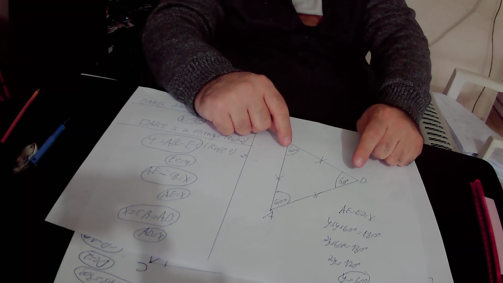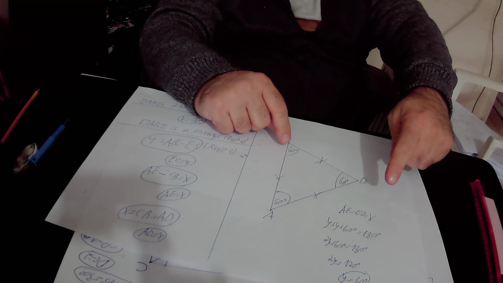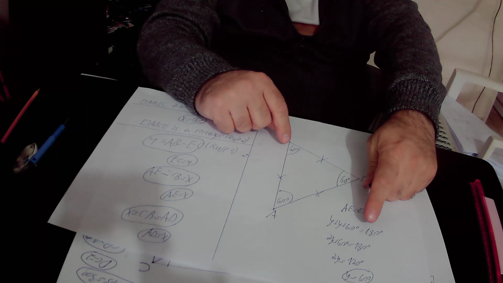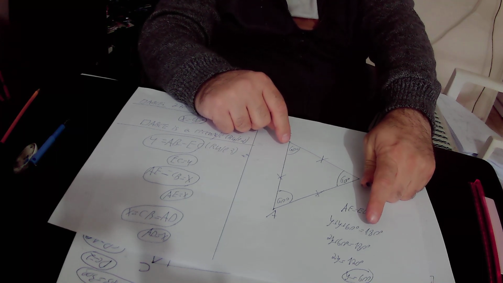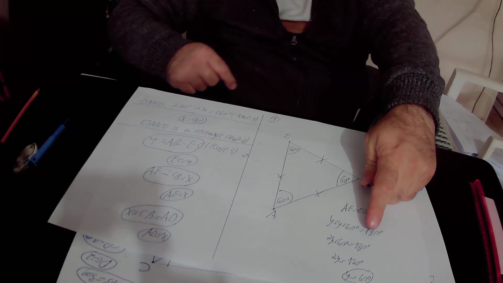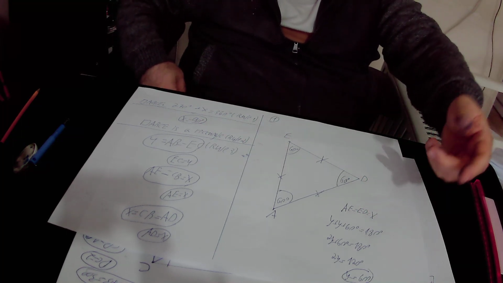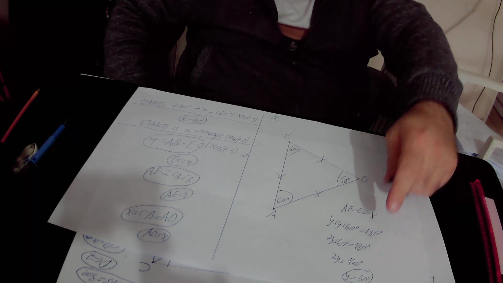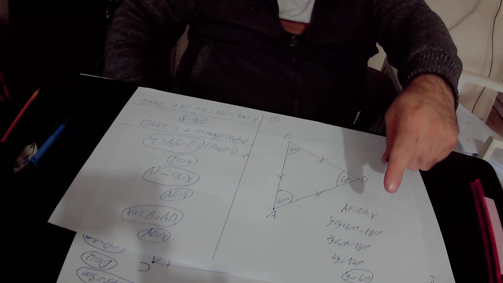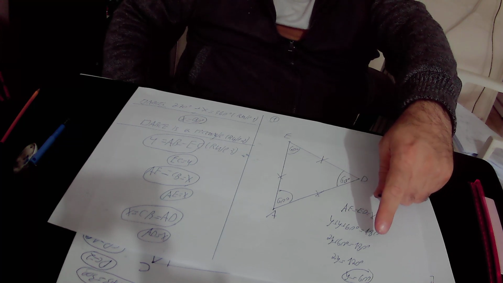That is to say, y plus y plus 60 degrees must equal 180 degrees. So 2y plus 60 degrees equals 180 degrees. We subtract 60 degrees from this equation, and we get that 2y equals 180 degrees minus 60 degrees, which is 120 degrees. We divided this equation by 2, and we got that angle y equals 120 degrees over 2, which is 60 degrees.